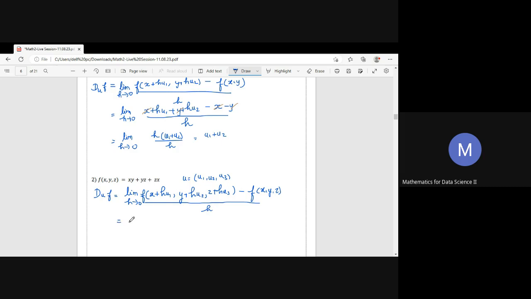All right. Now this is equal to limit h going to 0. Now what is this function? The function value, you see: x plus hu1 into y plus hu2, plus y plus hu2 into z plus hu3, plus z plus hu3 into x plus hu1, minus xy minus yz minus zx, and the whole divided by h.